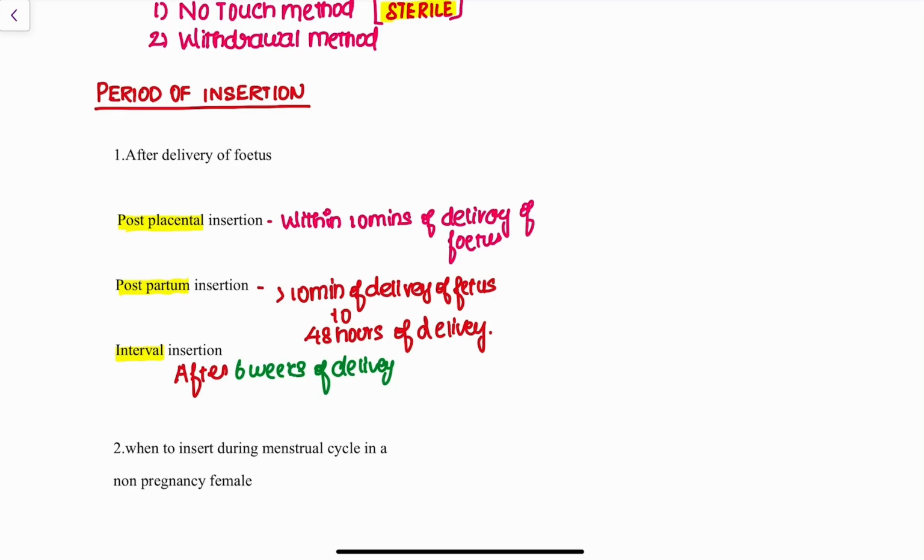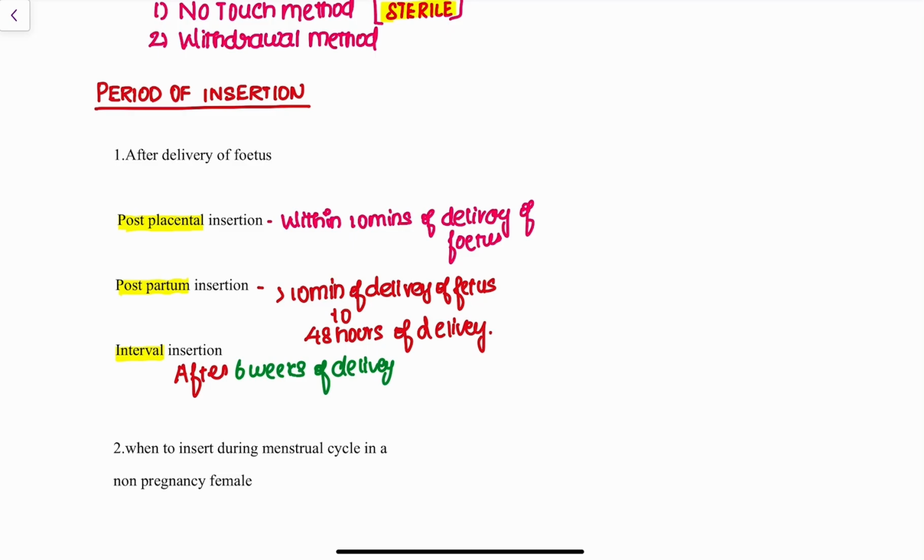So 6 weeks post delivery, if you insert this intrauterine device inside the female's uterine cavity, it is called interval insertion. Interval insertion is indicated because after the delivery of the fetus, for the next 6 weeks, the uterus and the organs will go through physiological involution, right? It will go back to its normal size.